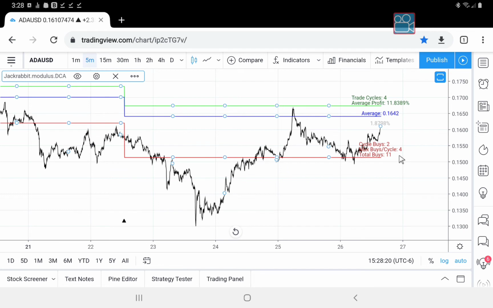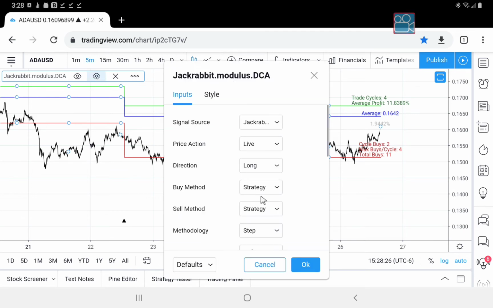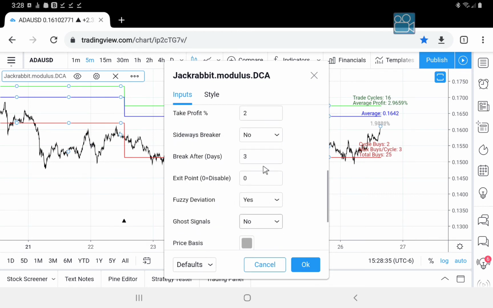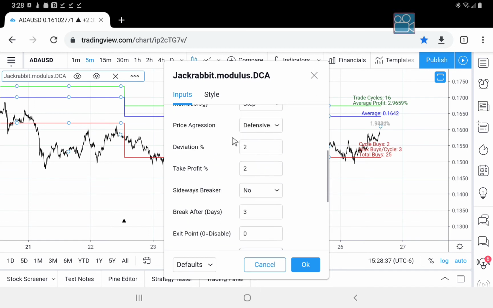So there you have a good, clean example. Now, let's actually change this to just a flat 2% take profit. So that means that once we are above 2%, the DCA module is going to tell the system to sell.